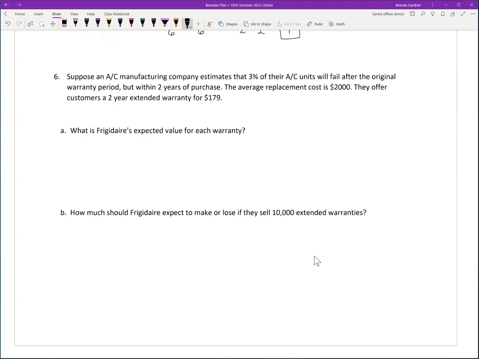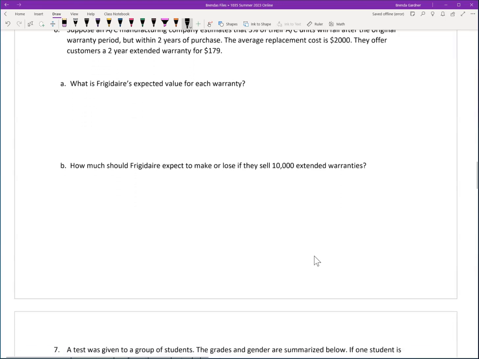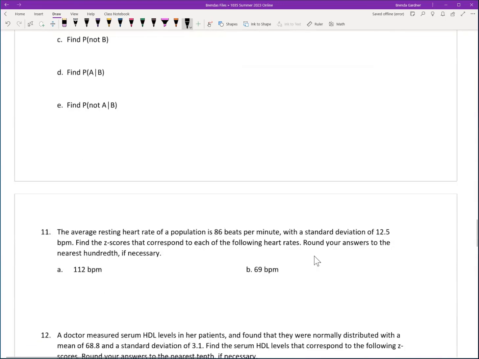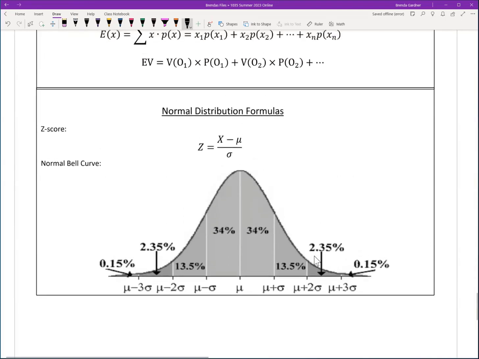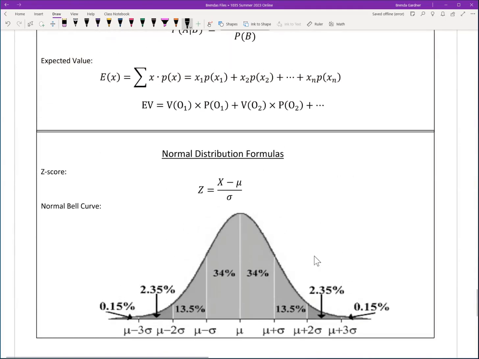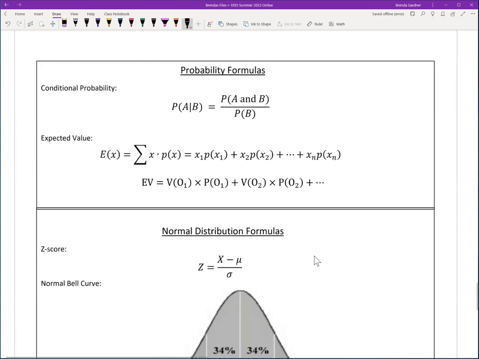This is the first one that I would say you might want to go and look at the, what do we call this? Your study guide key, or your formula sheet, I guess. The expected value looks super confusing, but I like the second formula.